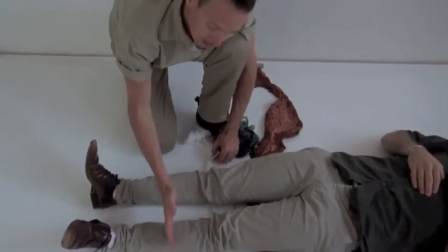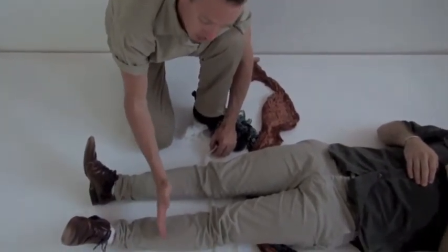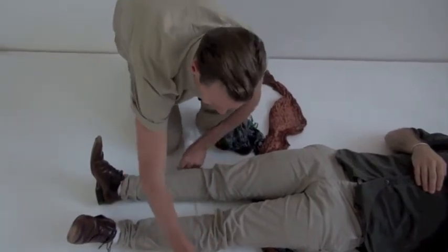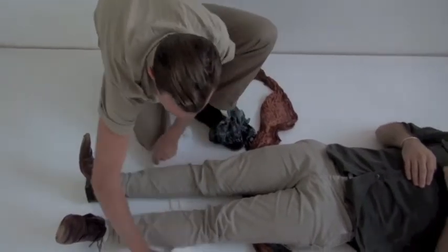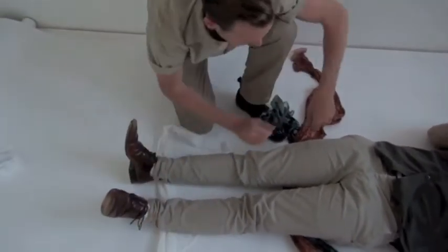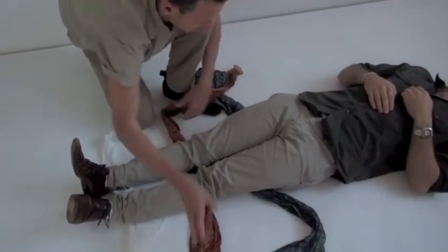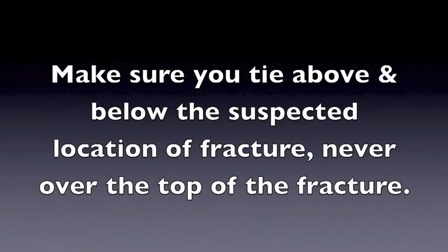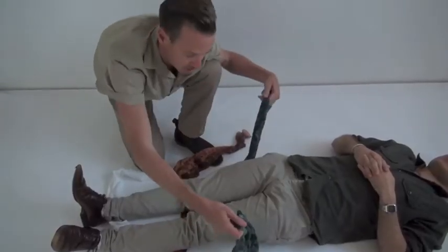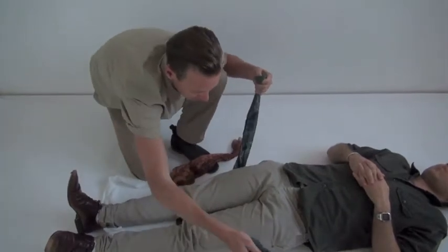If your fracture is in the middle or of the lower leg, you need to manipulate the bandage down to below the fracture site and one above the fracture site. Lastly, keep your final bandage at the top of the legs.